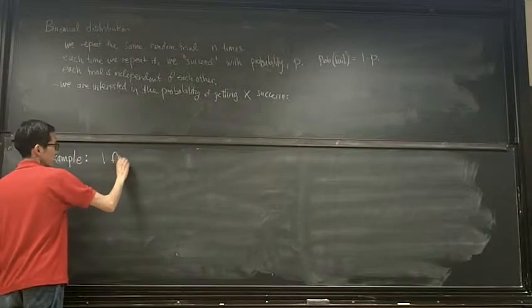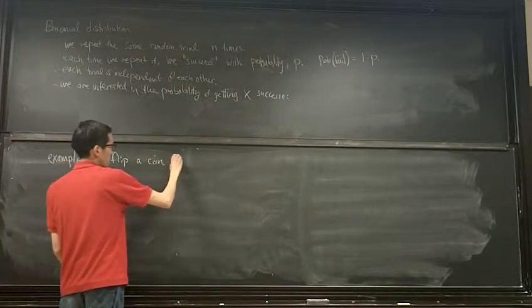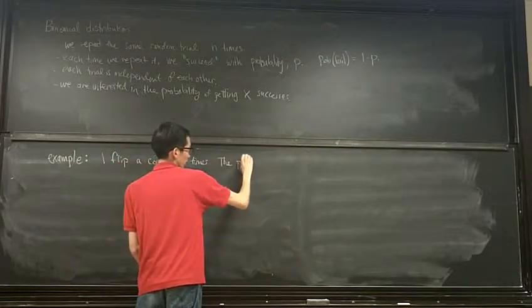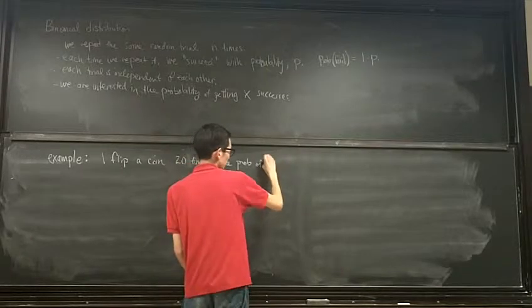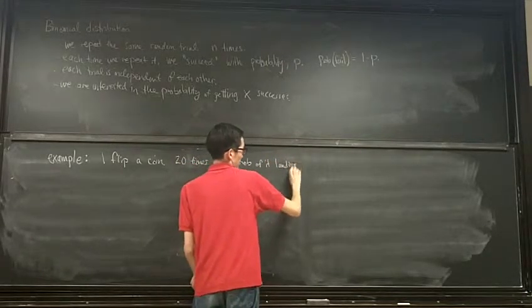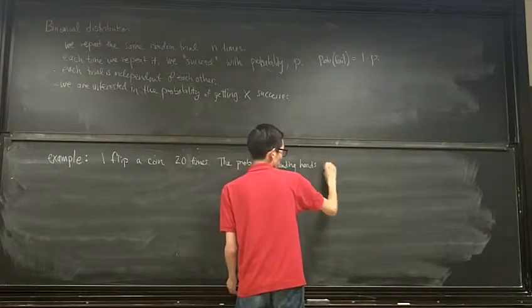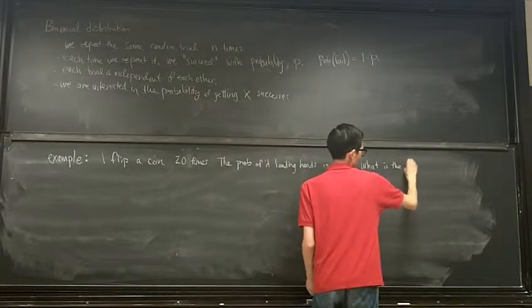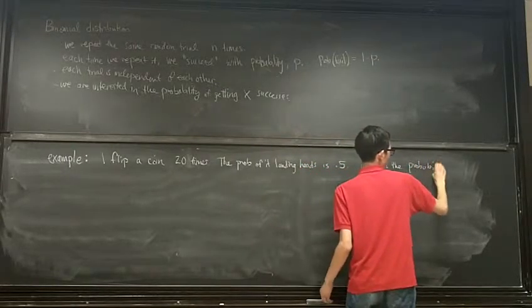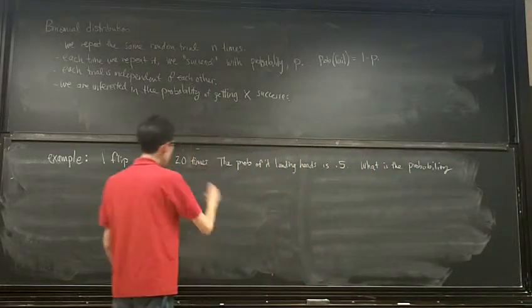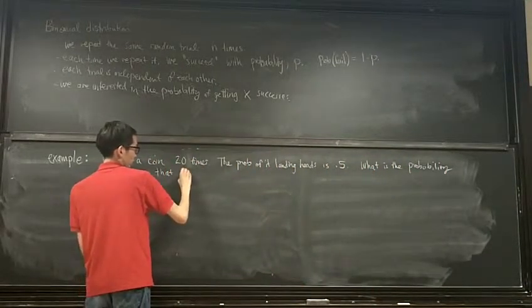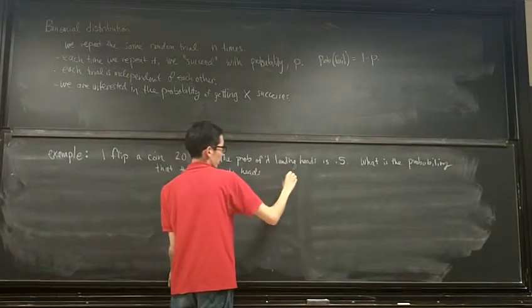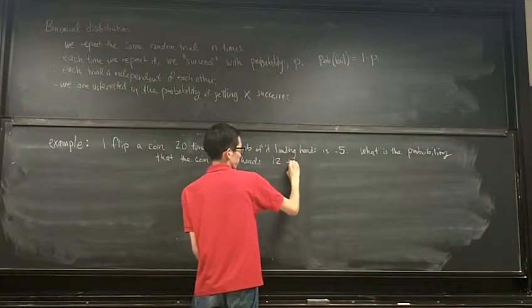I flip a coin 20 times. The probability that the coin lands heads 12 times.